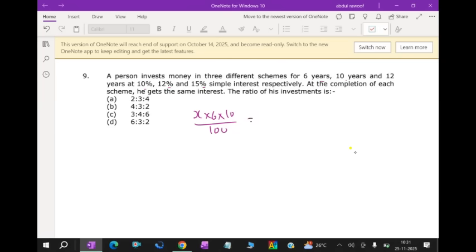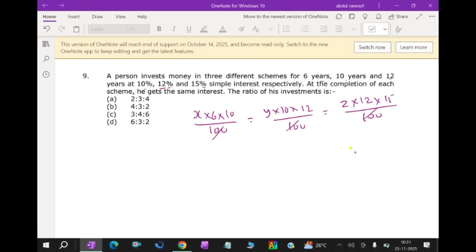Second, investment y for 10 years at 12 by 100, and equal third is z. Third scheme is 12 years and interest is 15 over 100.